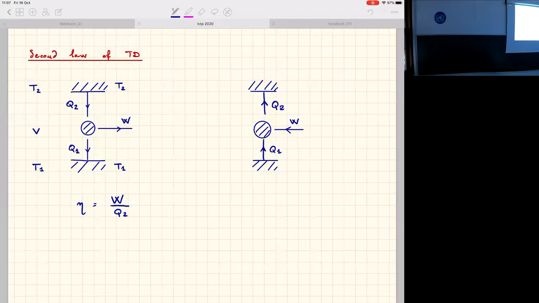Now, of course, if you have a refrigerator, the money you spend is not Q2. What is the money you spend? It is work, right? The money you spend is to put the plug of the electricity in, the electricity that you have to pay in order for the motor to work and to transfer heat from inside the refrigerator to outside.